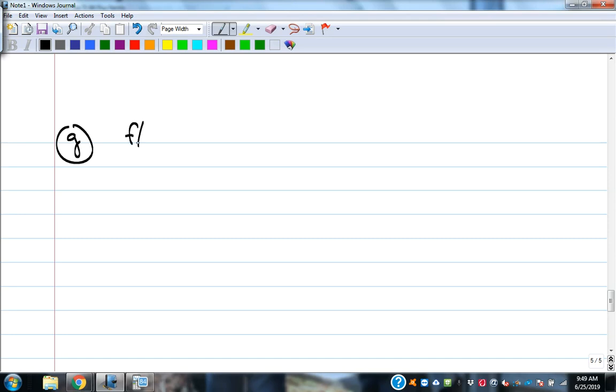Let's say we had this polynomial, x to the third plus 4x squared minus 5. And they tell us x equals 1 is a 0 of that polynomial.